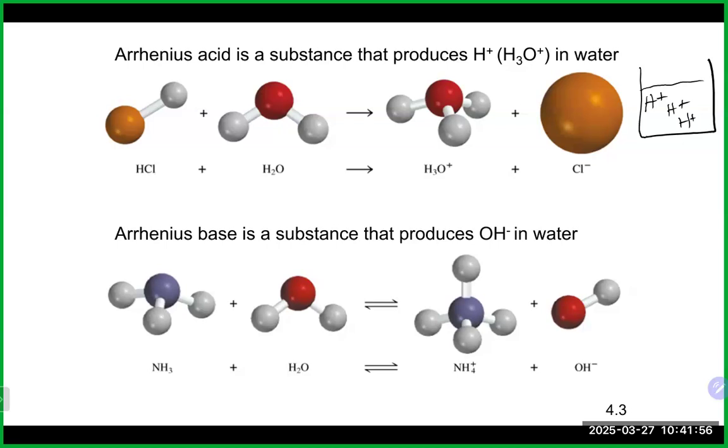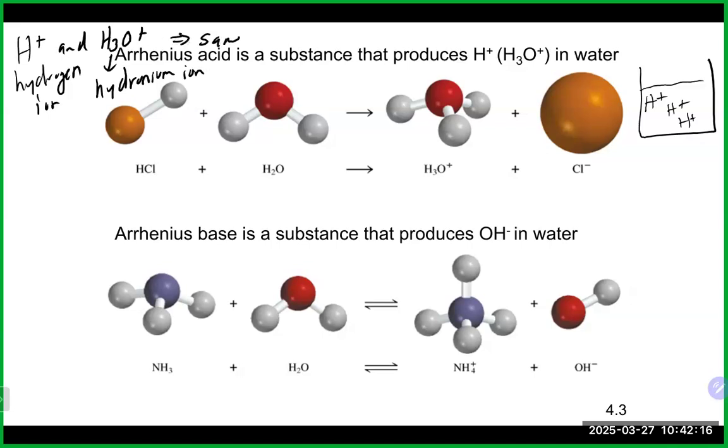When we talk about acid-base chemistry, pretty much H plus, which is the hydrogen ion, and H3O plus, which is the hydronium ion, is pretty much the same thing.